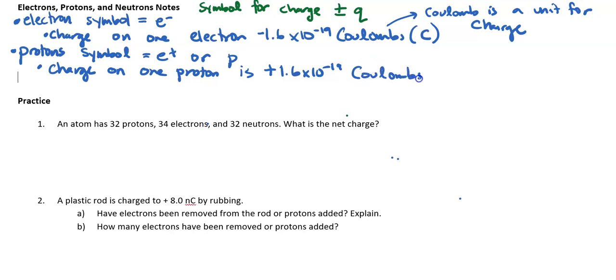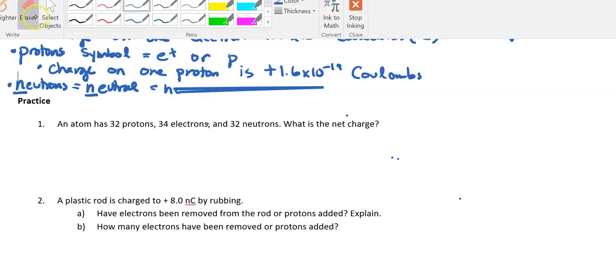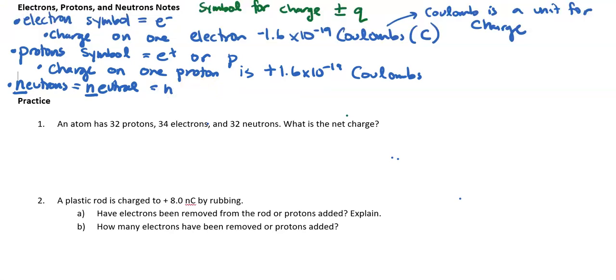So if an atom has the same number of protons and electrons, it is going to be a neutral object. Neutrons, and I think of the N, are neutral. They have no charge. Okay, I encourage you to try the 2 problems below yourself and then check back in on the video, and then we'll chat together.